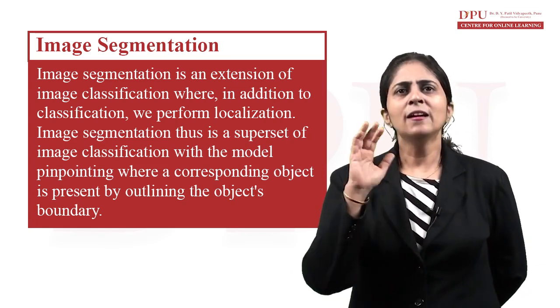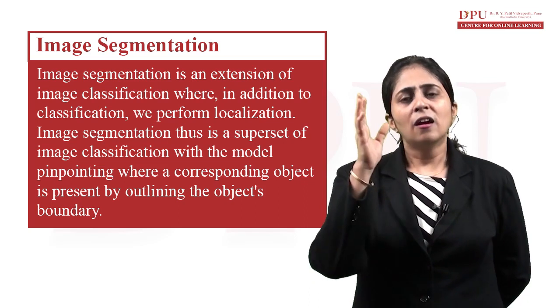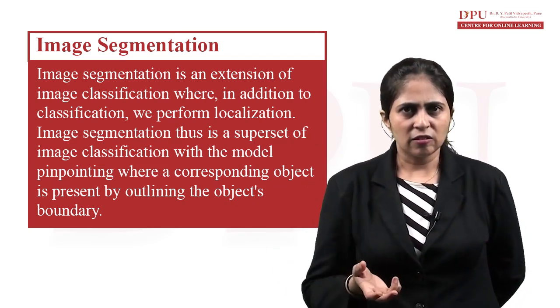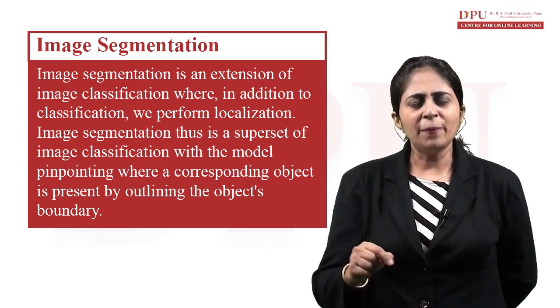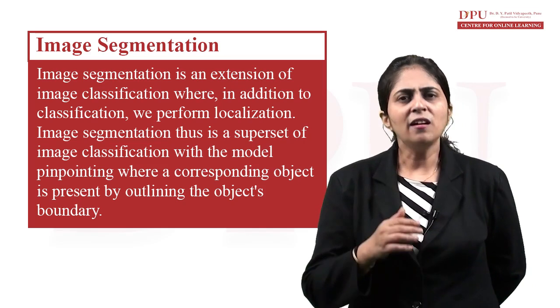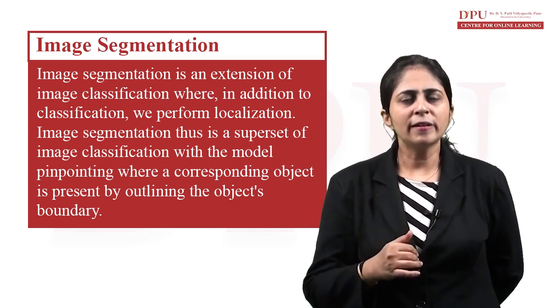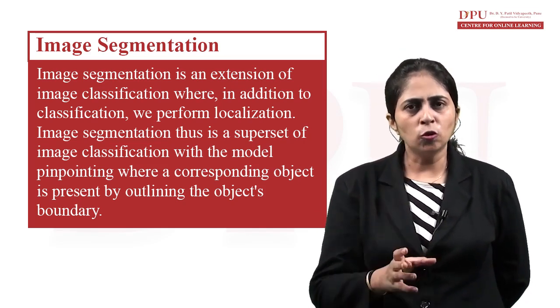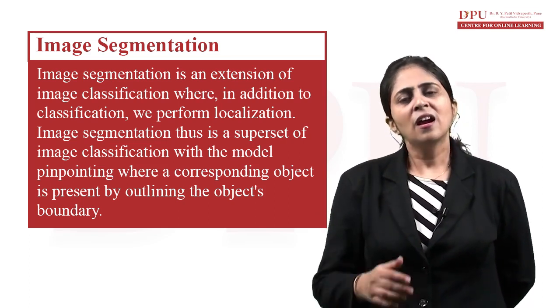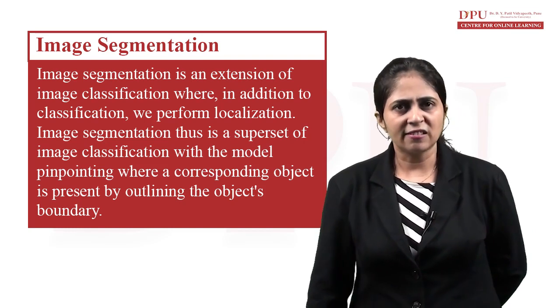We basically want to know where our object is in an image, so that object can be pinpointed using the object boundary. Here, we are trying to group the similar regions or segments of an image under their respective class labels.